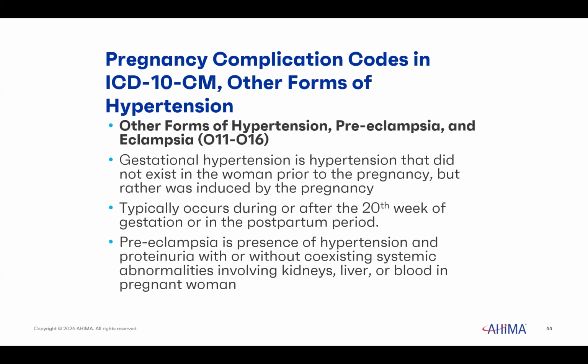And this occurs usually during or after the 20th week of gestation. Preeclampsia is the presence of hypertension and proteinuria with or without coexisting systemic abnormalities involving the kidneys, liver, or blood, right? So again, you have to read very carefully to figure out whether it's hypertension, preeclampsia, or eclampsia.